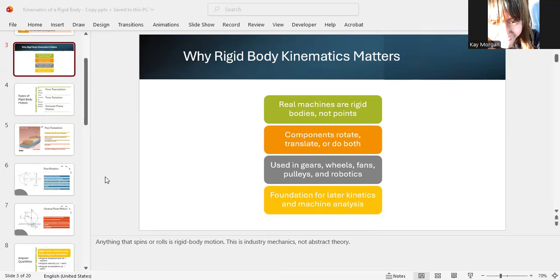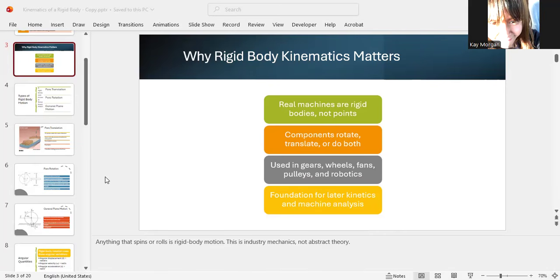So when something moves, let's go back to the real world, say in industry, it usually moves as a solid object, and we start to call it a rigid body, solid object, solid modeling. Try to recognize the terms that we use in the engineering and manufacturing field. That's where you really are.